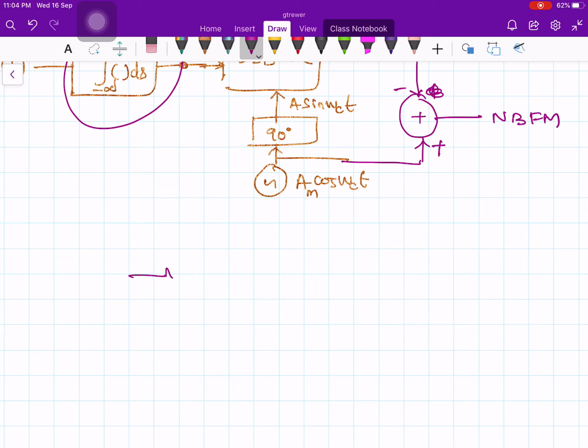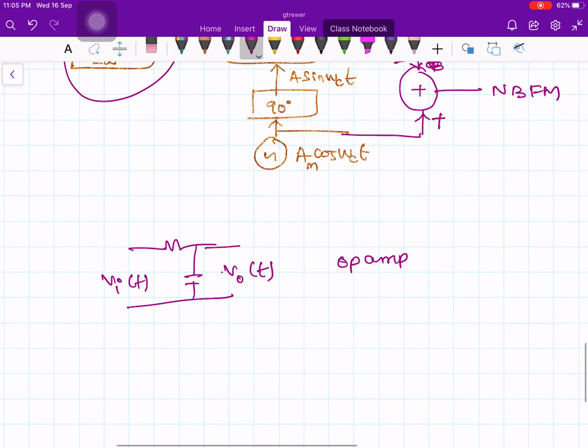You take a resistor in series, followed by a capacitor in shunt. So this is my simple integrator, Vi of t, and this one is V0 of t. V0 of t is the integration of your input voltage. Or you could use an op amp to realize the integrator. So integration is something you can do in a very straightforward manner.